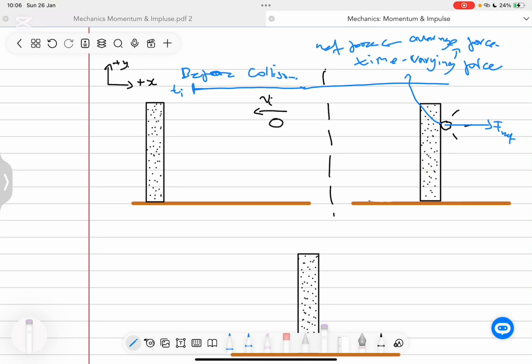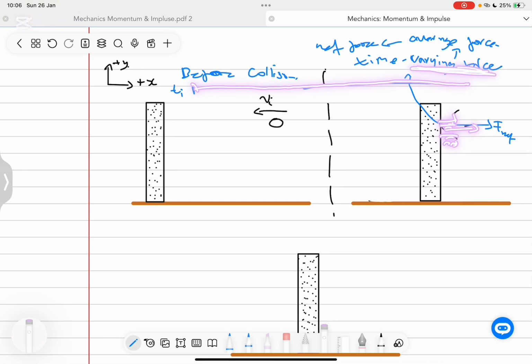We say it's a time varying force because here we have a force of 0, because the ball is not in contact with the wall. And here they start increasing until the maximum and decrease. As they do that, the time would be increasing.